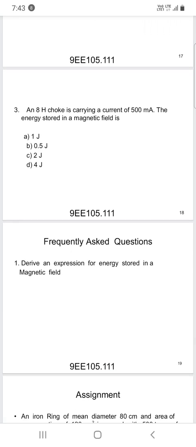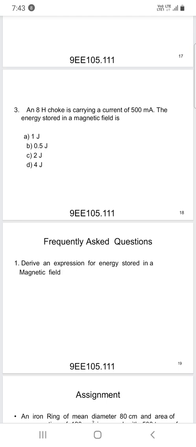Next, the third problem is given here. An 8 Henry choke carries a current of 500 milliampere. The energy stored in the magnetic field is how much?